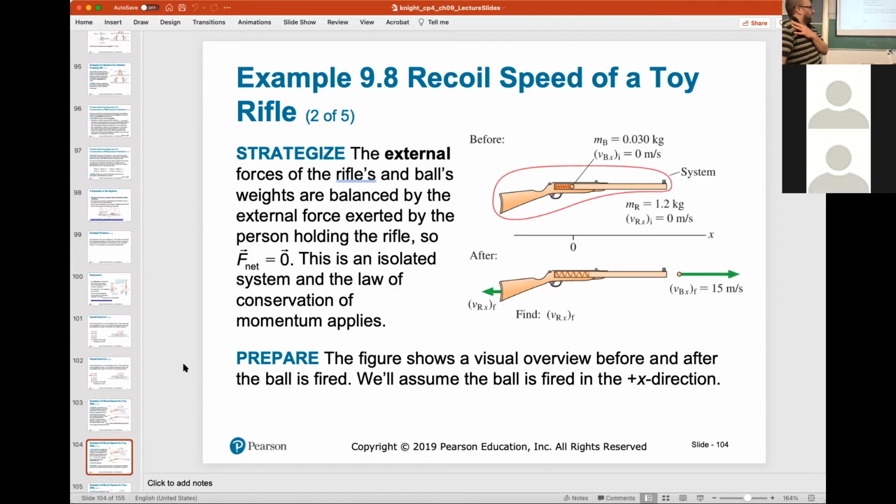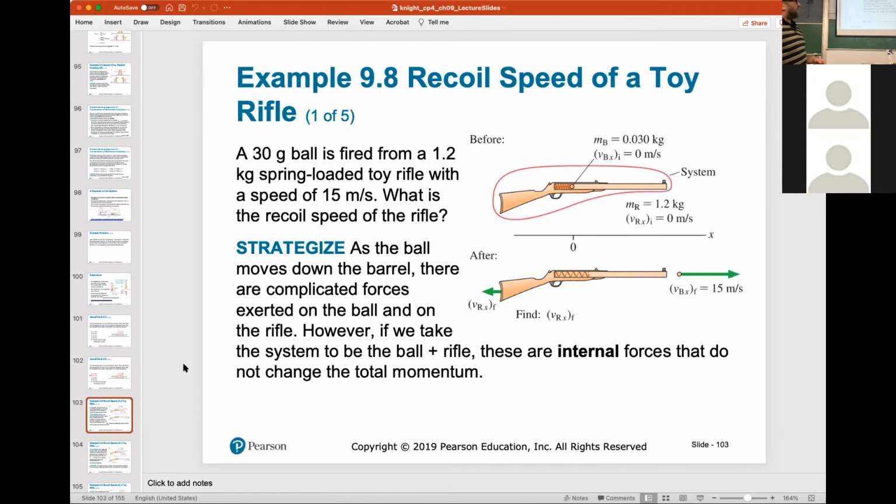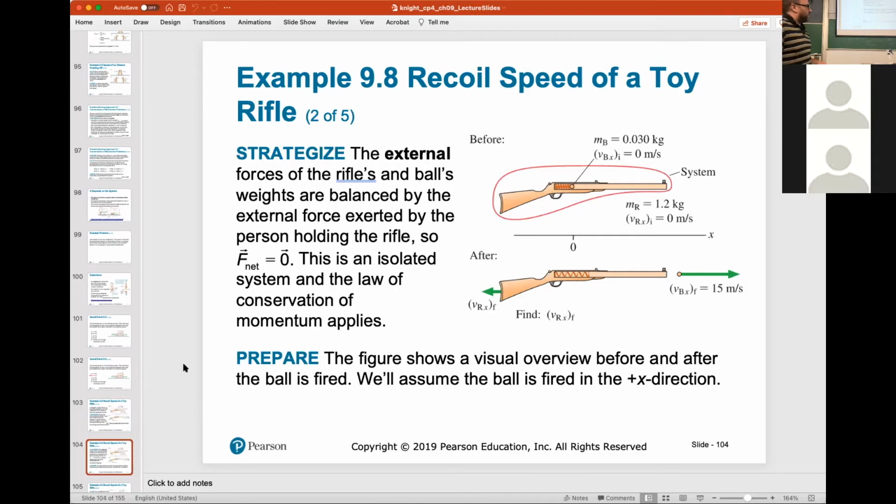Okay, so our pellet is traveling at 15 meters per second, and what was its mass? The mass was 30 grams. Okay, so again, in this problem, we want to say our initial momentum is going to be 0. And so then our final momentum has to also be 0. So then we just do this just like we did the ice skaters.